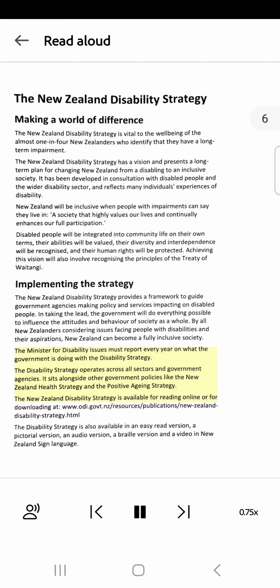The New Zealand Disability Strategy is available for reading online or for downloading at www.odi.gov.nz/resources/publications/New-Zealand-Disability-Strategy.html. The Disability Strategy is also available in an easy-read version, a pictorial version, an audio version, a braille version and a video in New Zealand Sign Language.